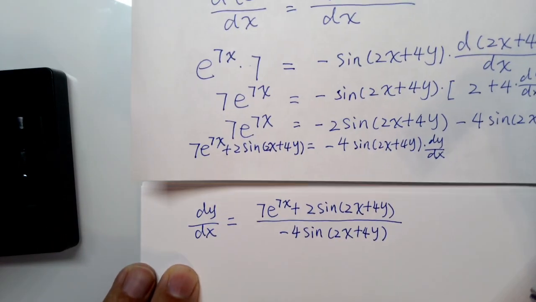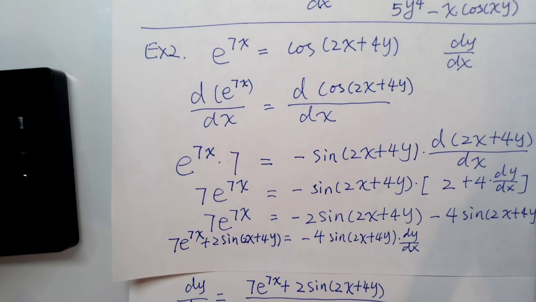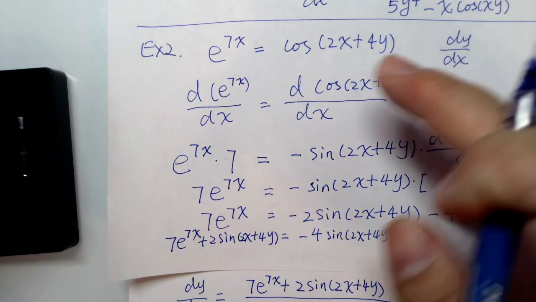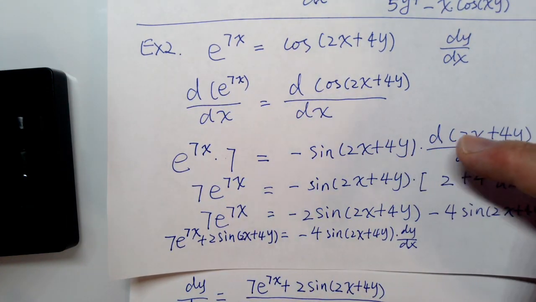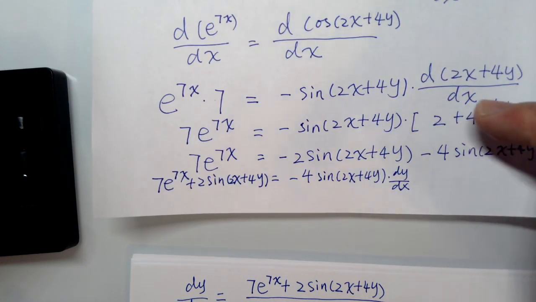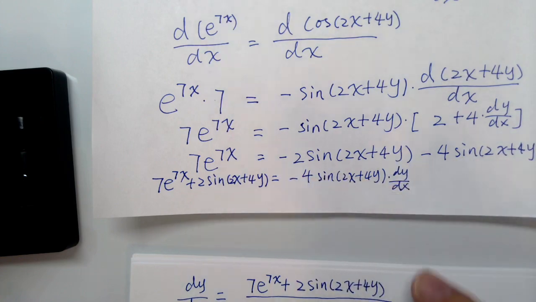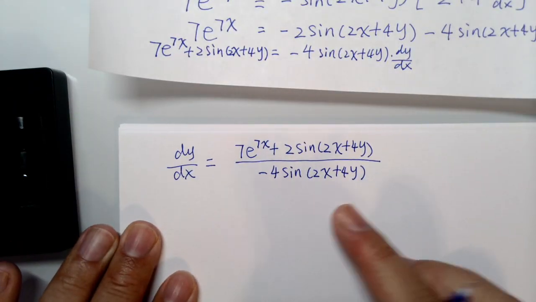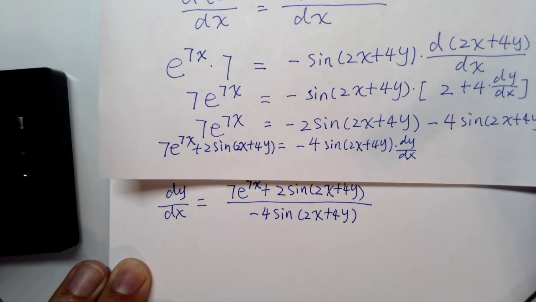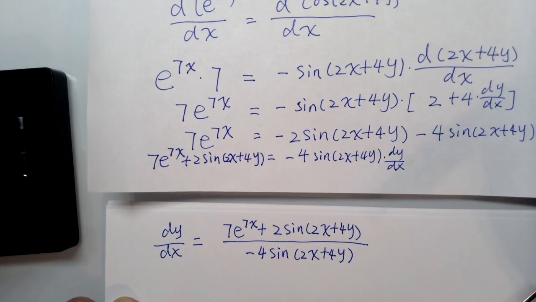You can see that's the beginning: take the derivative with respect to x on both sides, chain rule, simplify, reorganize, calculate, done. That's how we do the second problem.